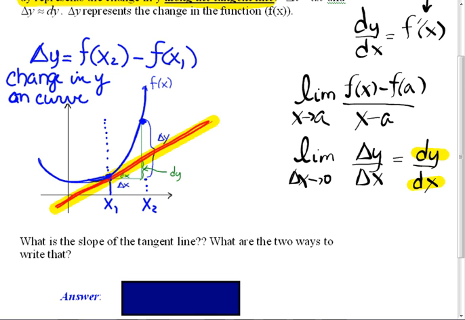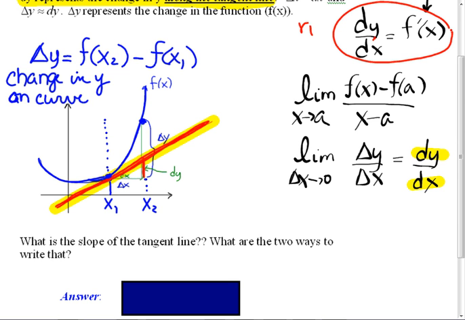And if I draw the tangent line, which I did in red, then this distance is the change in the tangent line. Well, that's dy, because if I take this formula right here, that's just the slope of the tangent line. And remember what slope is?